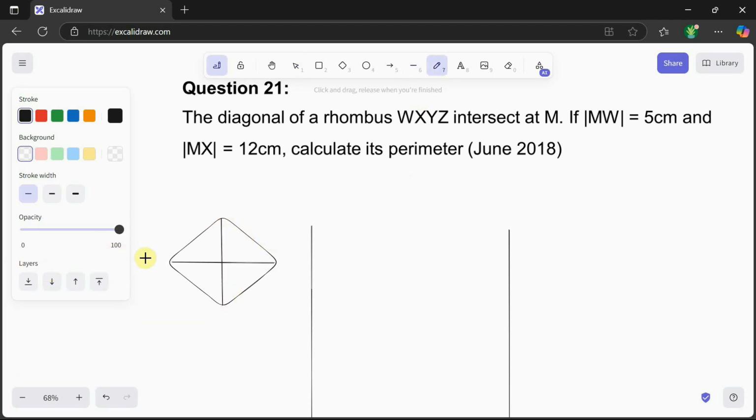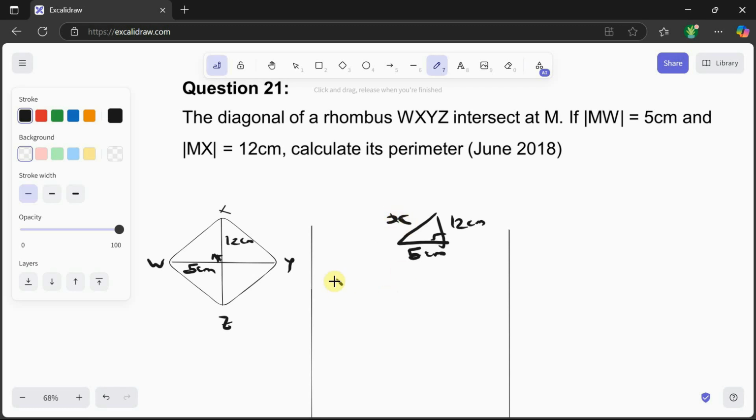The rhombus was W, X, Y, and Z. They intersect at M, this is M. So MW is 5 centimeter and MX is 12 centimeter. And remember, in a rhombus the diagonals intersect at a right angle. So there's a right angle here. If I take out one of those triangles, this guy here is 12 centimeter, this is 5 centimeter, we can find the length as X.